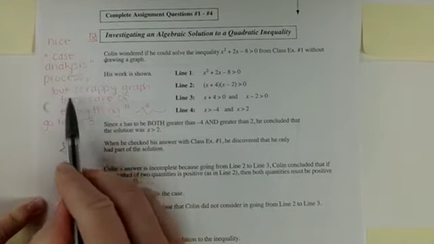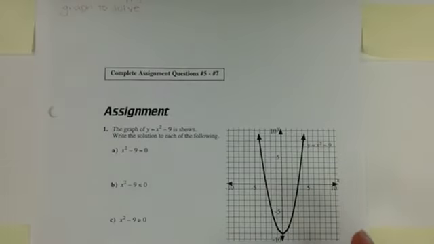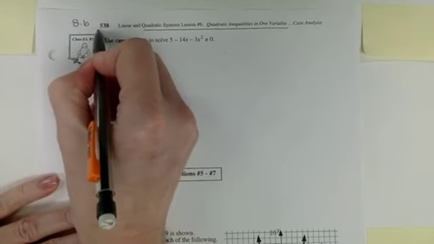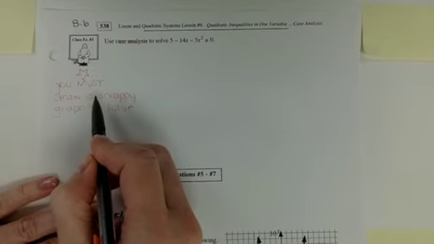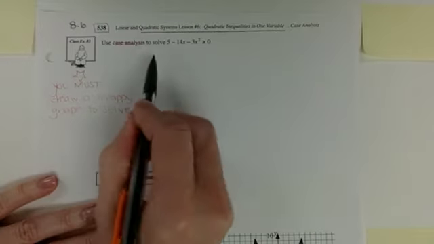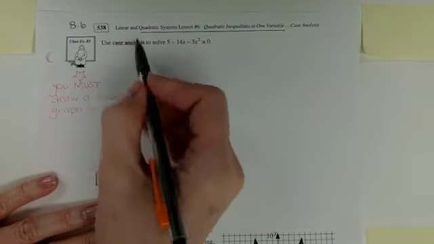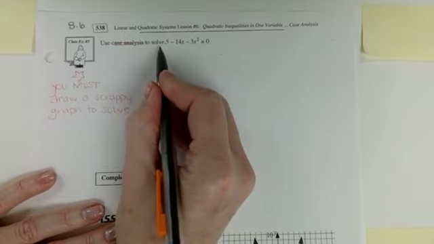Case analysis is nice, but the Scrappy graph takes care of everything instead of all of this and all of the next page. So go to page 538, and we are all ready to do example 3. When we solve these, you have to do a Scrappy graph to solve, otherwise you have to use case analysis. I don't like using case analysis because it's too long.